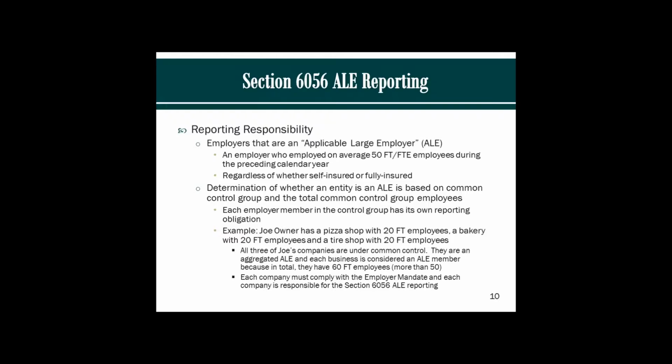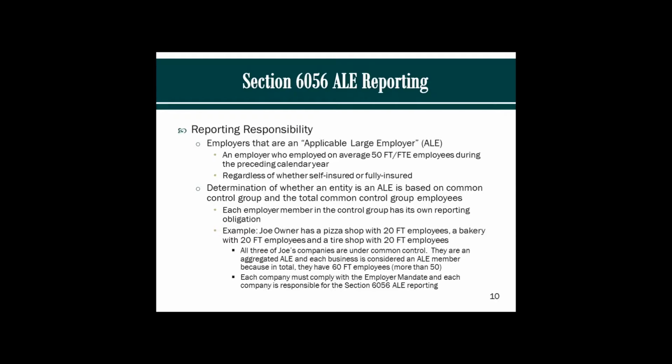But the IRS has said, no, since Joe owns all of these companies, that's called a common control group, and we look at them in total. So in total, Joe has 60 full-time employees. Thus, it makes him responsible for the employer mandate and for this information reporting that we're talking about today.